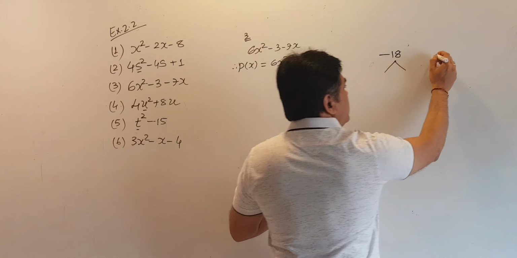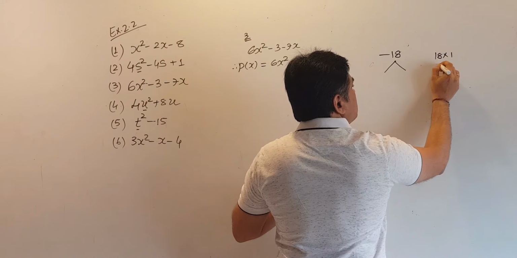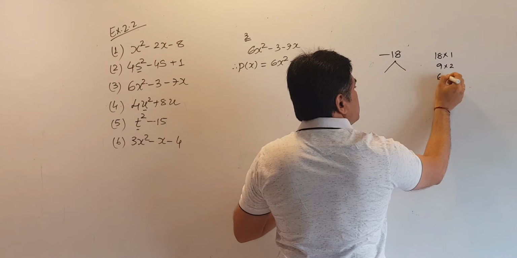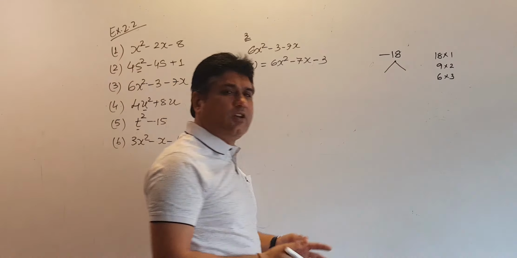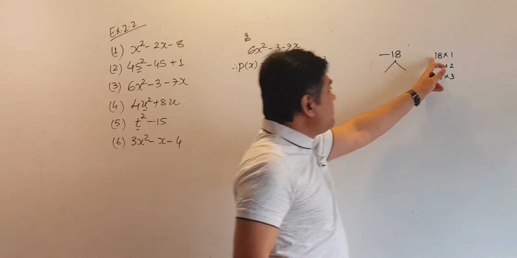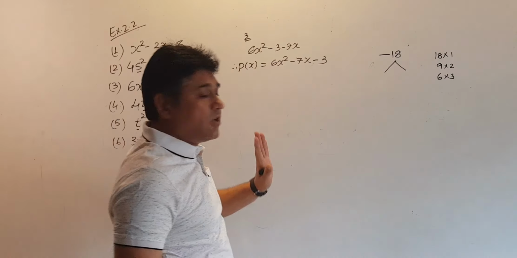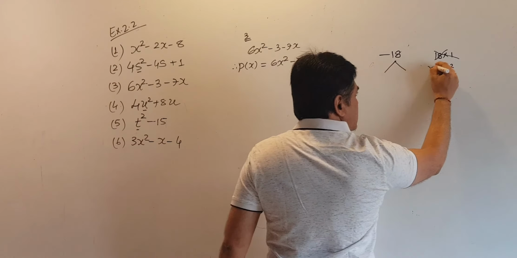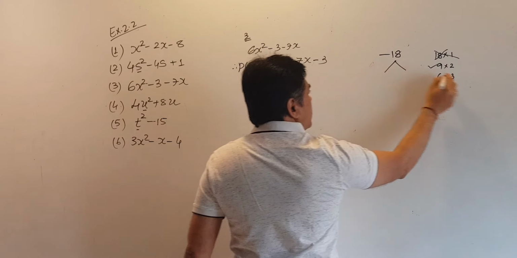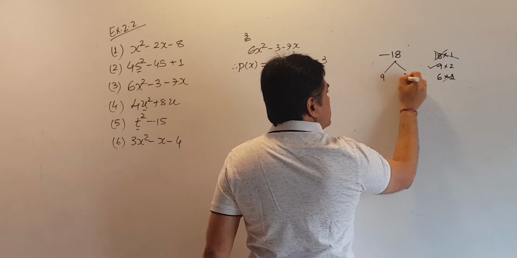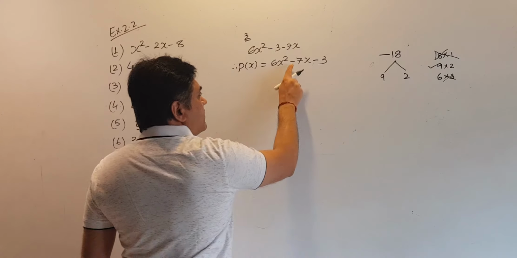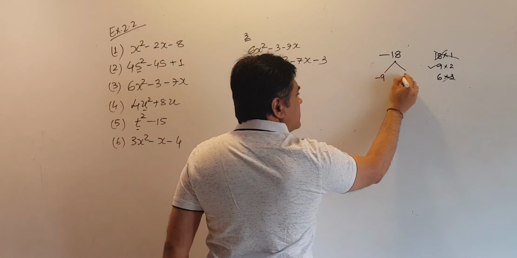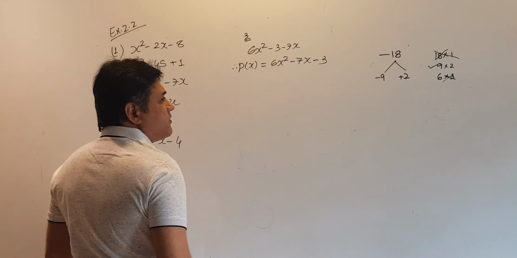So factors of 18: 18 into 1, 9 into 2, 6 into 3, these are the options. So 18 minus 1 is 17, not applicable. Cancel. Okay, 9 minus 2 is 7, this is applicable. 6 into 3, not applicable. So 9 and 2. Okay, now the minus sign would be for the larger one, opposite sign for the smaller one.